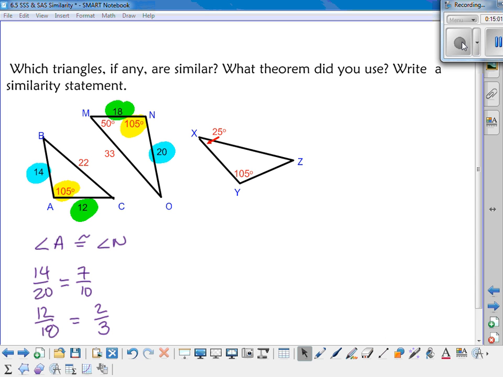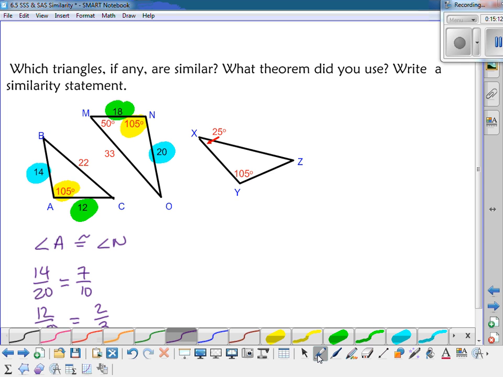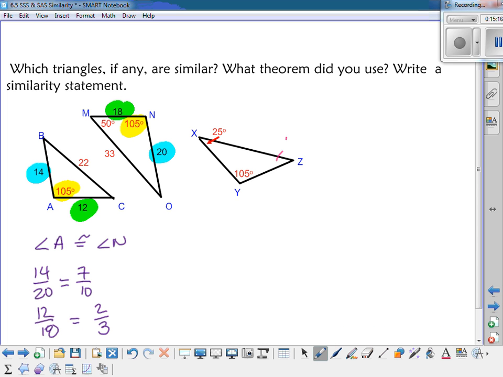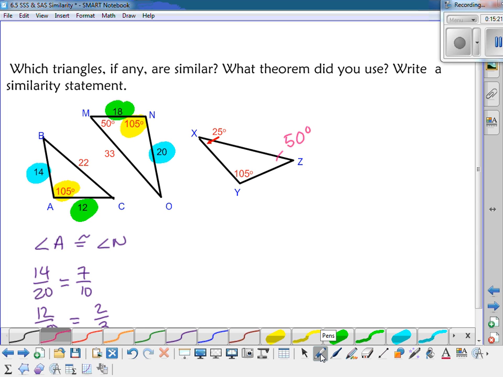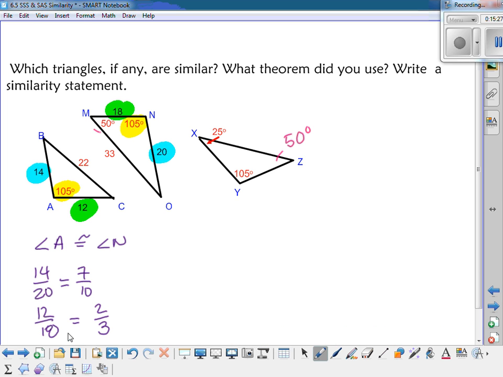So then I noticed that in triangle XYZ, they gave me two of the angles. And so if I add those up, I can figure out that my missing angle is 50 degrees. And so that leads me to believe then I notice that I have an angle of 50 degrees over here and an angle of 105 degrees here.